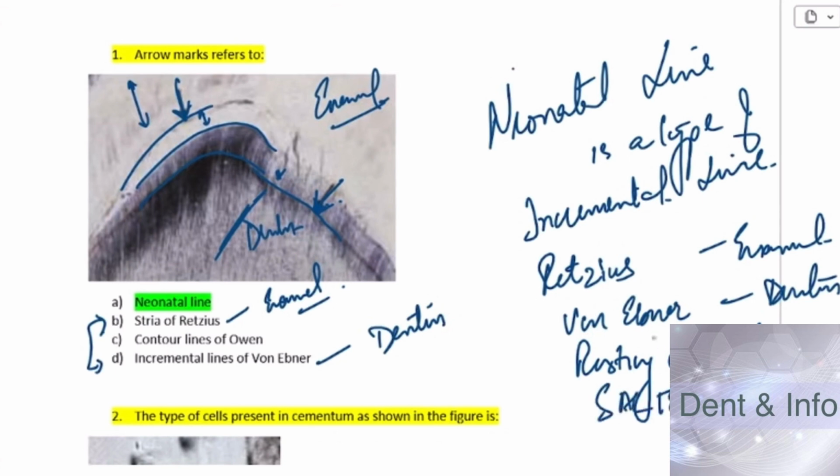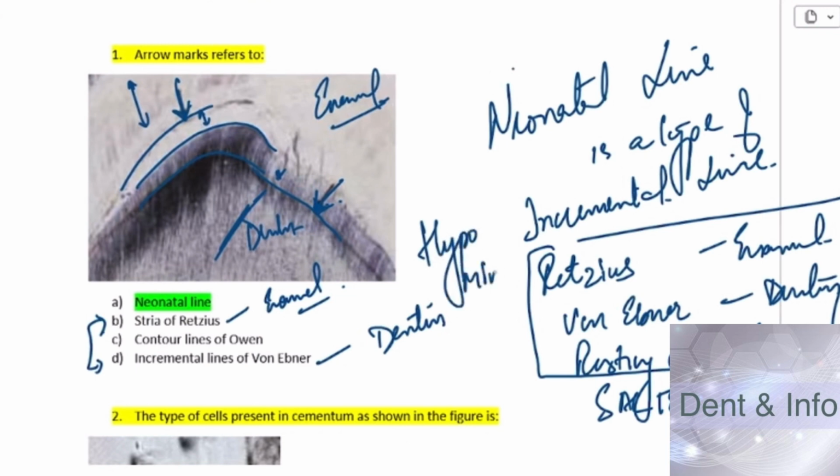Except for the incremental lines seen in cementum, incremental lines of Retzius, von Ebner, and resting lines are all considered hypomineralized, except for incremental lines of Salter, which are hypermineralized. That is why incremental lines of Salter are also used in forensic odontology for age estimation, as one of the important parameters.